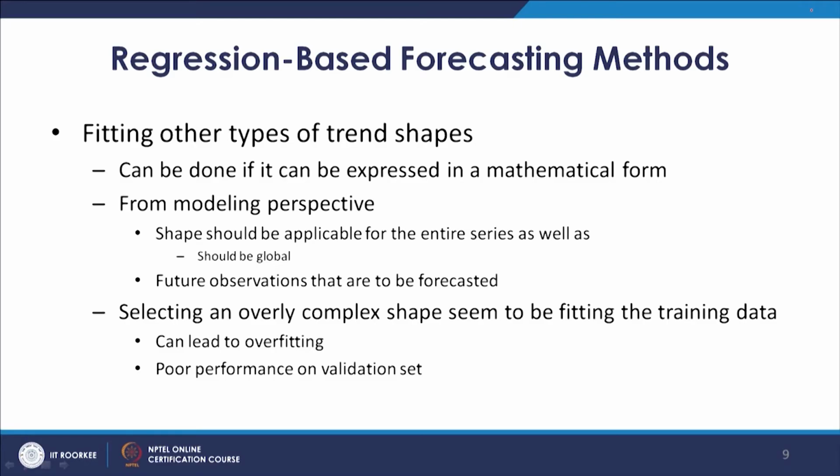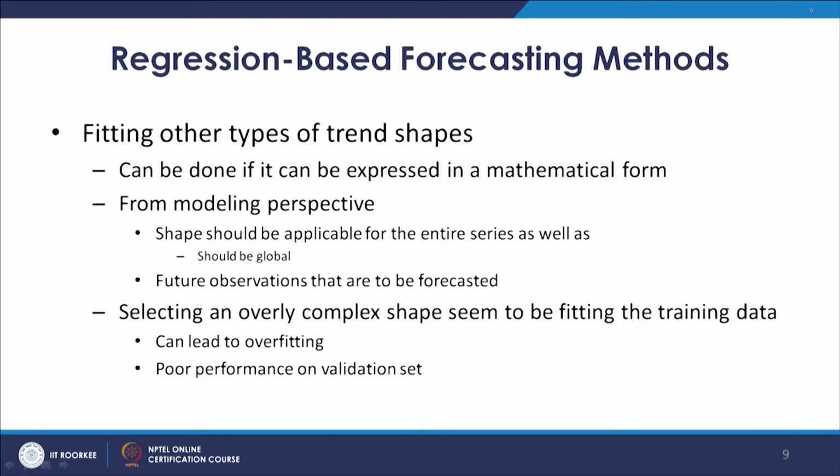When we looked at the polynomial trend, the quadratic trend, the performance improved on the test set, and the shape of the trend present in the original time series was adequately captured. The same was confirmed by the residual series plot. So, let us move further.